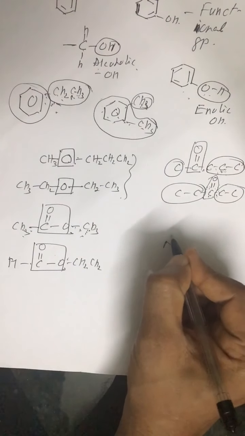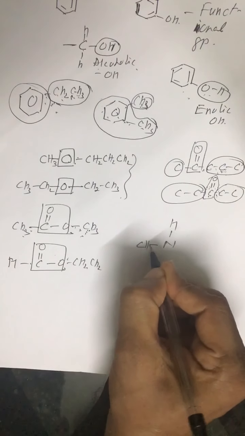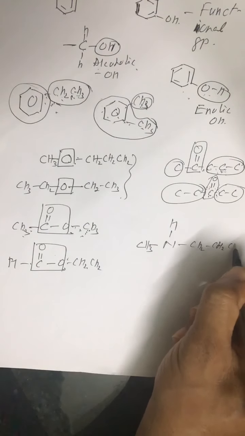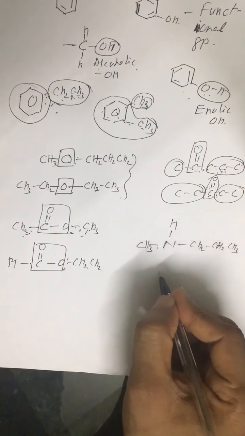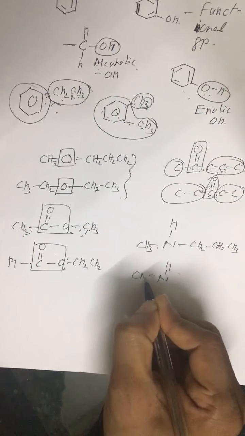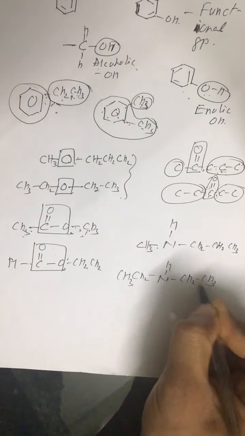And then we have amines. Look at this case. This is methyl and we have propyl. So this is N-methylpropan-1-amine, and look at this structure, CH2CH3 and CH2CH3.